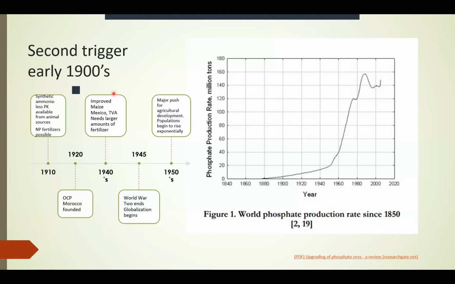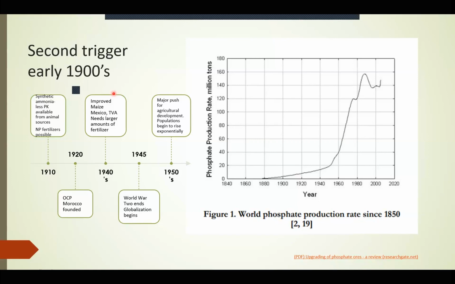The problem with these grains is they need a lot more fertilizer than the more traditional or the less improved and the non-modified varieties. So the TVA is also involved in producing concentrated fertilizers, including phosphate.